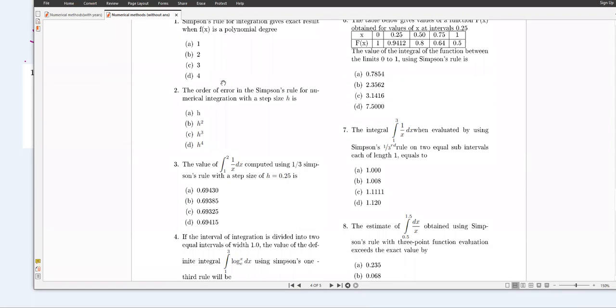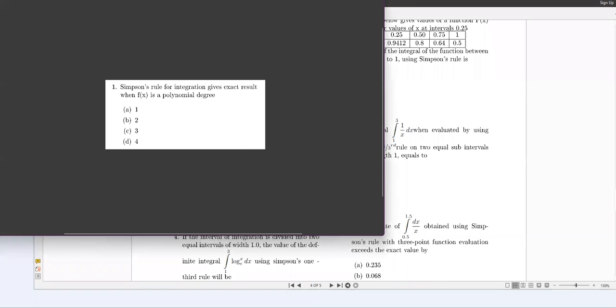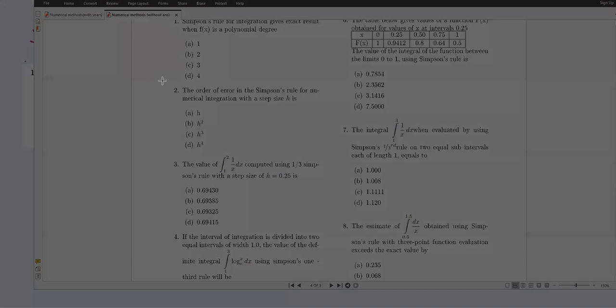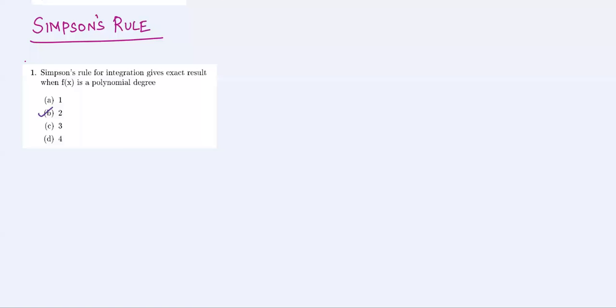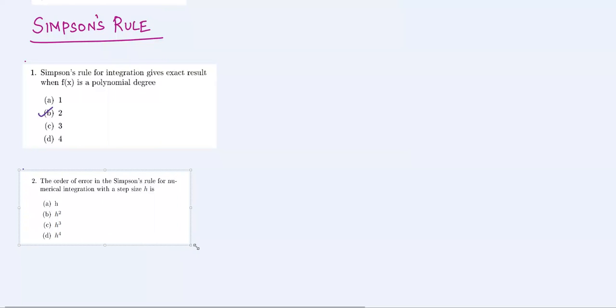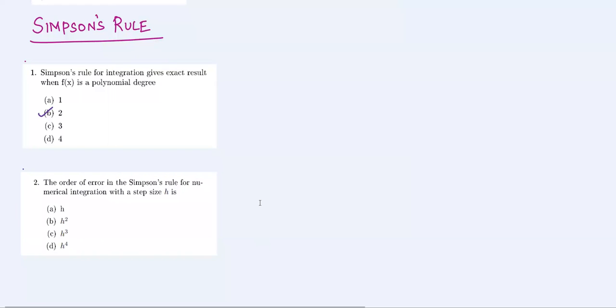Next, the order of error in Simpson's rule for numerical integration for step size h. We discussed this earlier.